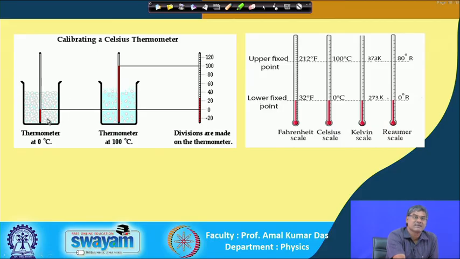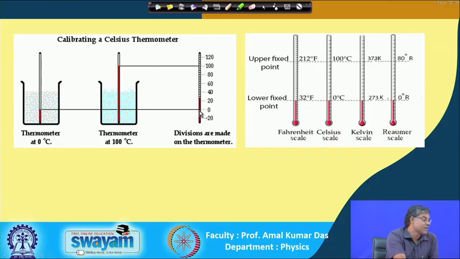It is like this. Then just wait for a minute, and when the upper end of the mercury is stabilized, at a particular position, it will not change with time. So this I have to take as 0.